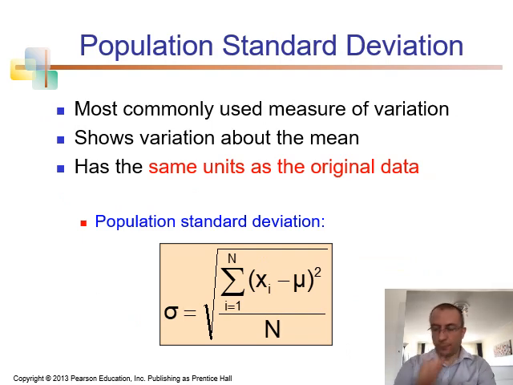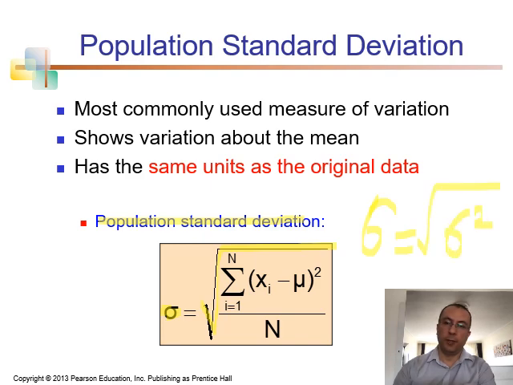And in any case, you take the square root of the variance. That will give you standard deviation. So basically, standard deviation for the population is sigma, and that's equal to the square root of the variance.